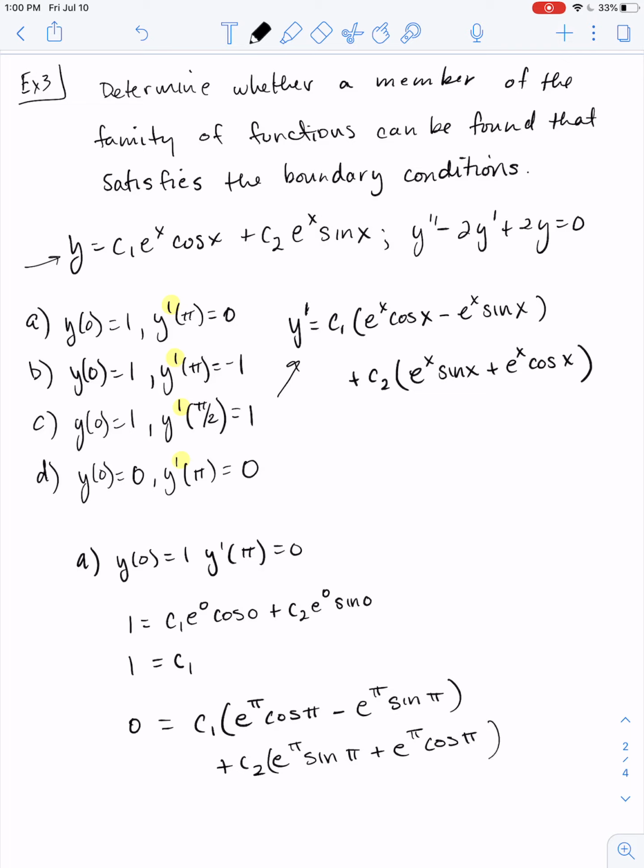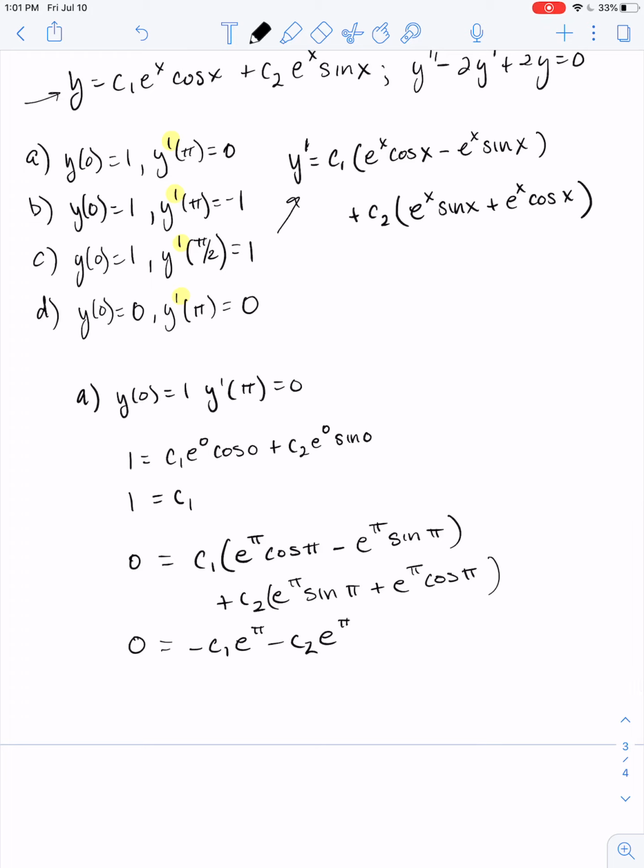Okay, so what does that equal? So 0 is going to equal, well, cosine pi is -1, so you have negative C1 e to the pi. Sine pi was 0, so that cancels out. And over here sine pi is 0, that cancels out. And then you have plus e to the pi, cosine pi is -1, so I'll have minus C2 e to the pi.